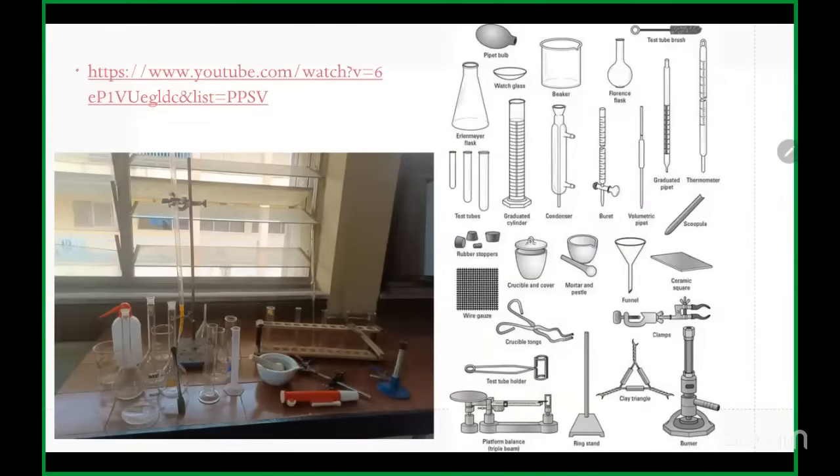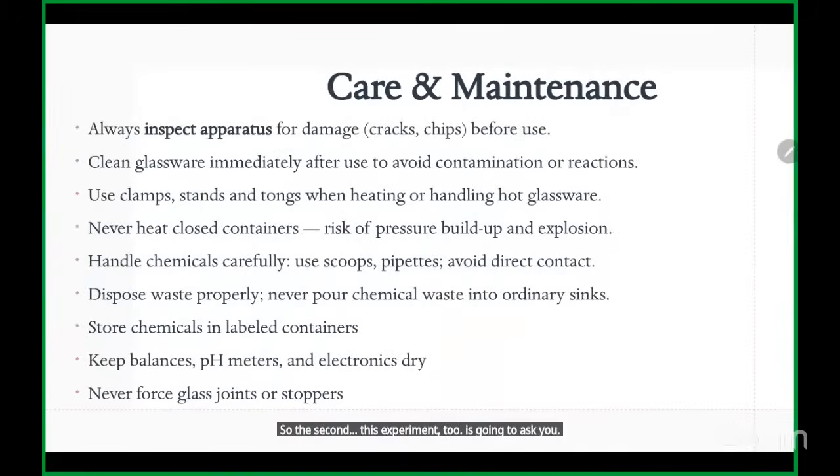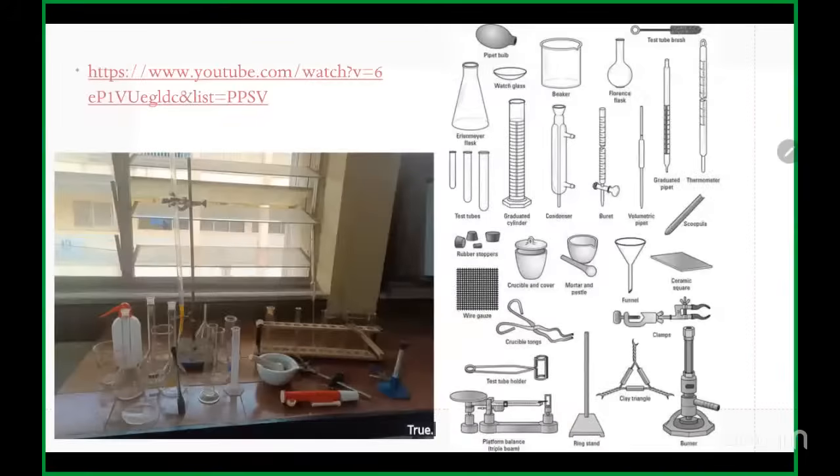So this experiment 2 is going to ask you to draw between 5 and 10 apparatus and list their uses. So you name the apparatus, you draw it, and list 2 or 3 uses for them. That one is on page 11 of your manual.